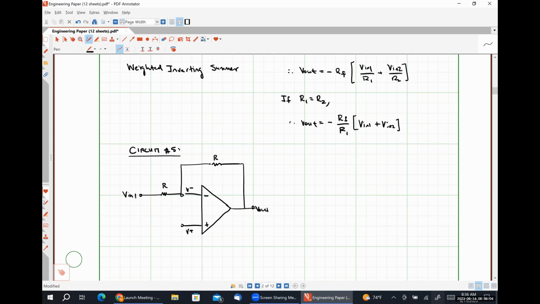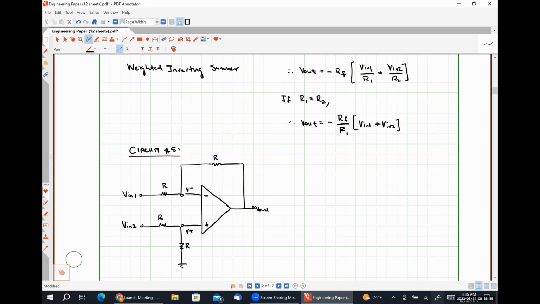And now I'm going to establish what is effectively a simple voltage divider network at the non-inverting input terminal. So what I mean by that is I'm going to place yet another resistor R here, and then a fourth resistor R here, and apply a voltage VN2 at this level.